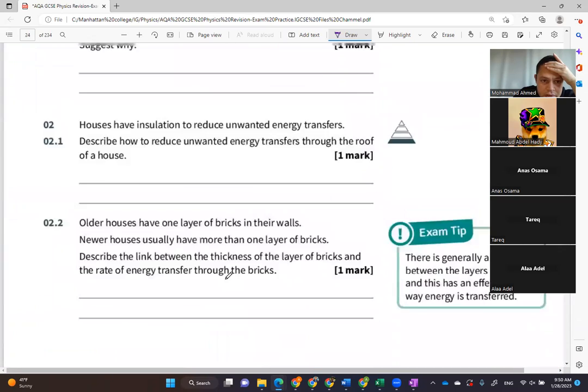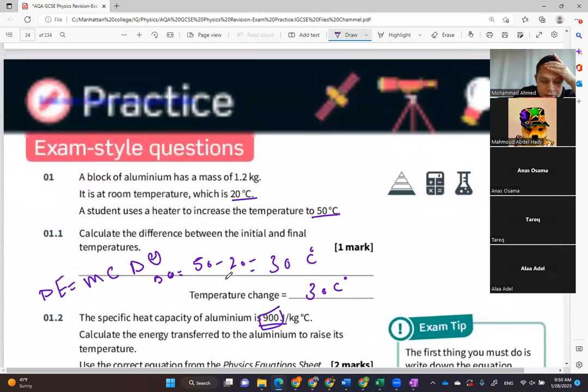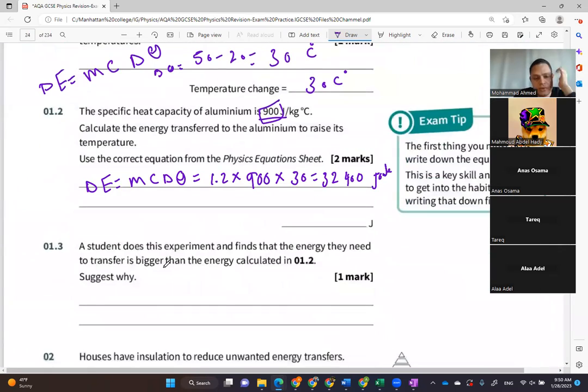A student does this experiment and finds that the energy they need to transfer, this is the true energy, is bigger than the energy calculated.